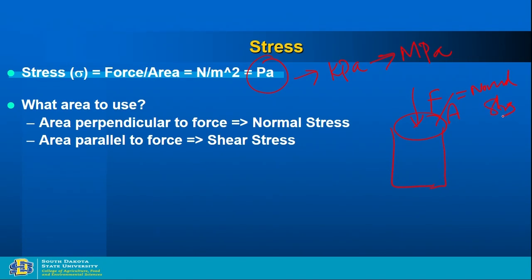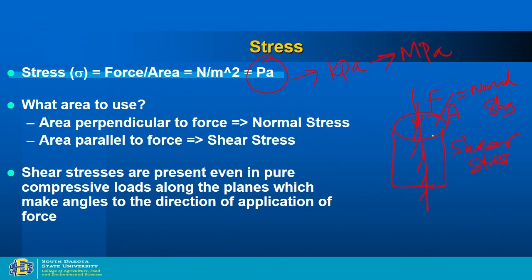And if you consider the area parallel to the force, so basically the area under this parallel to the force, then it's called shear stress. So everybody with me here? Shear stress and normal stress.